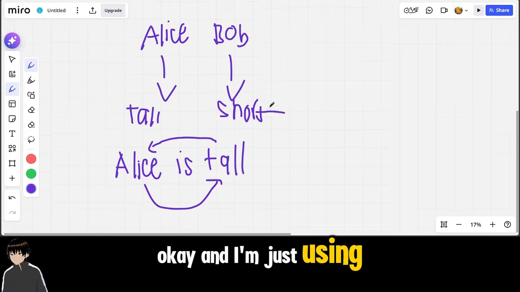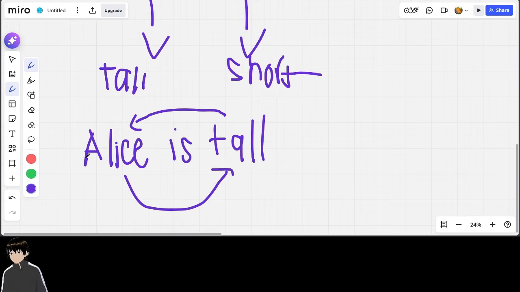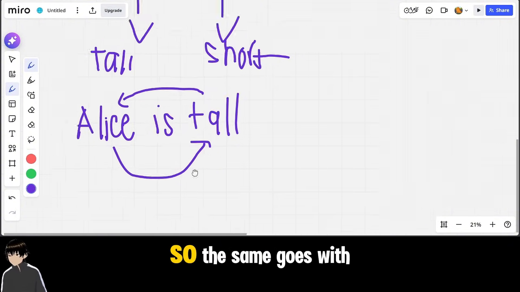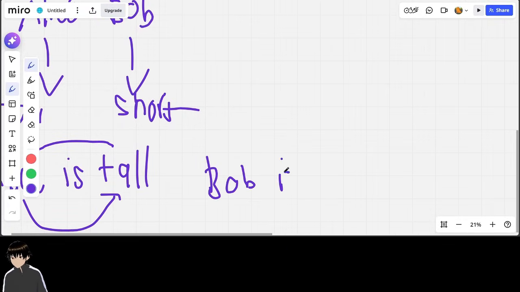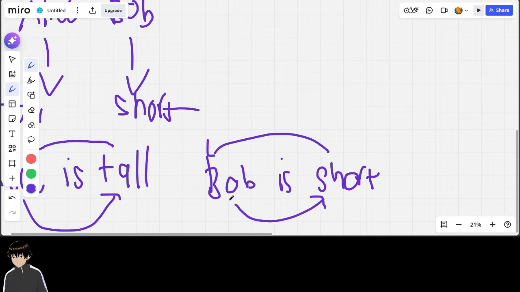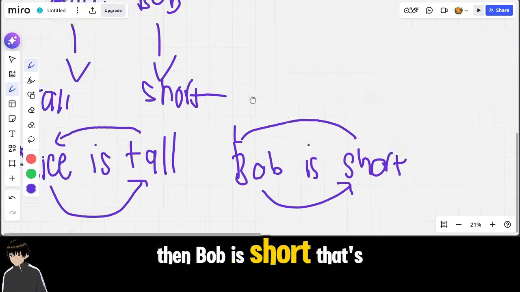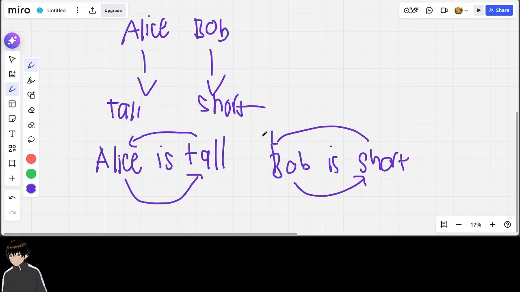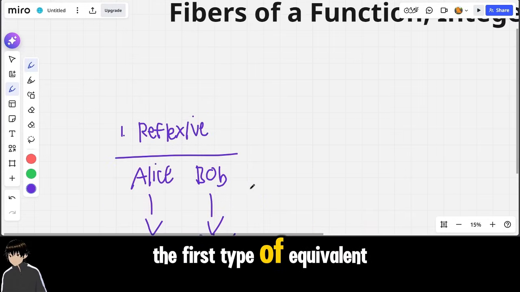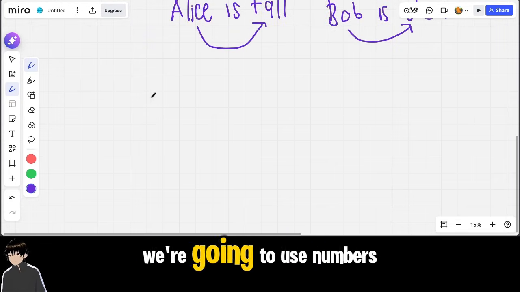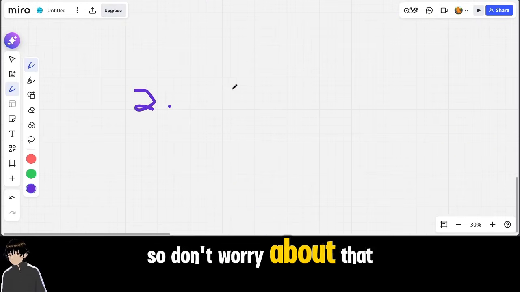I'm just using people in here, but we're actually using numbers later on. The same goes with Bob. If Bob is short, then Bob is short. So that is reflexive, the first type of equivalence relation. We're going to use numbers later on, so don't worry about that.